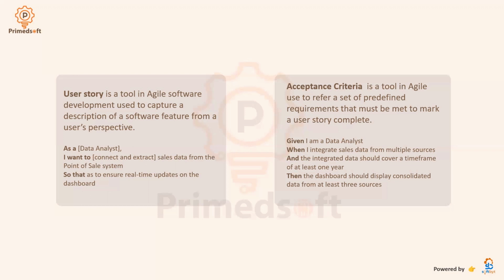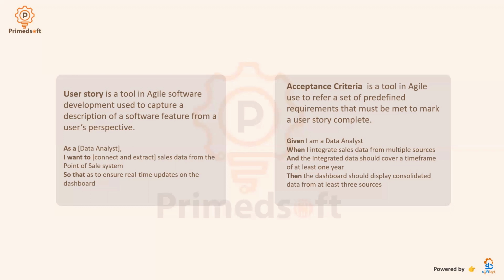The format our user story will take is: as whoever wants to use it, a data analyst, the head of business intelligence, the head of marketing, the restaurant owners, whoever wants to use it.